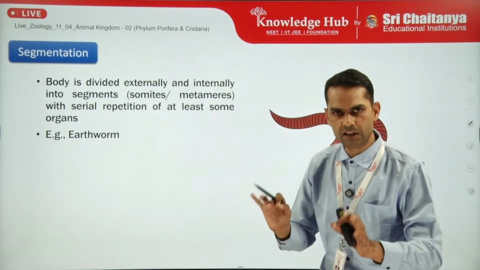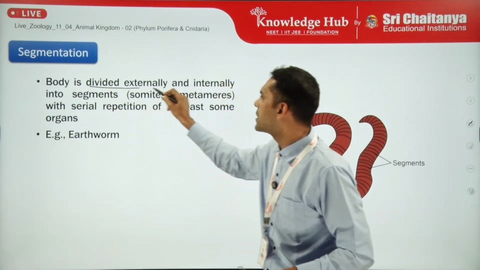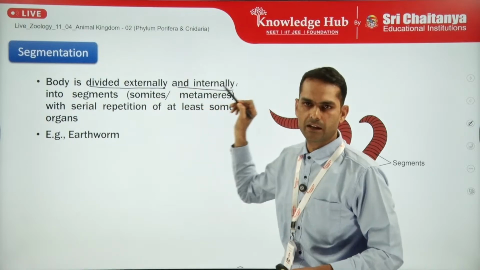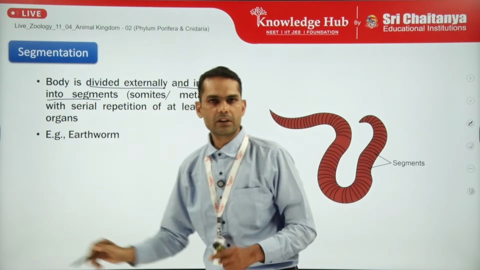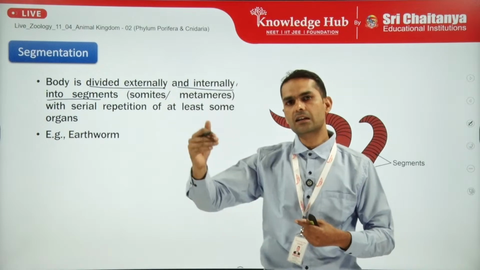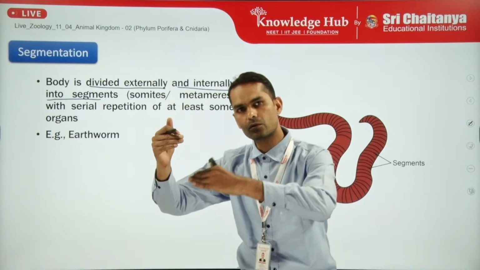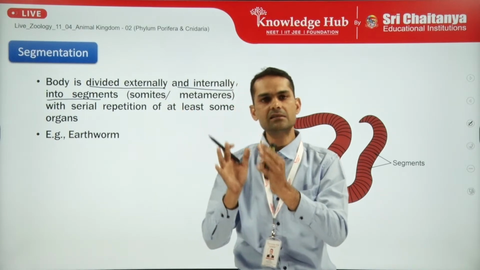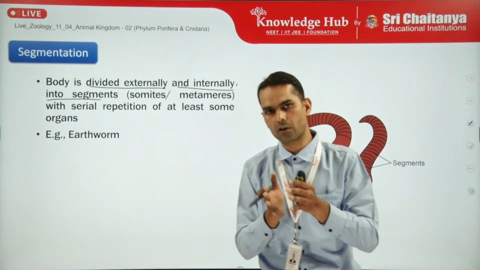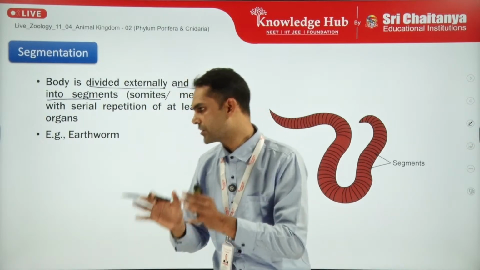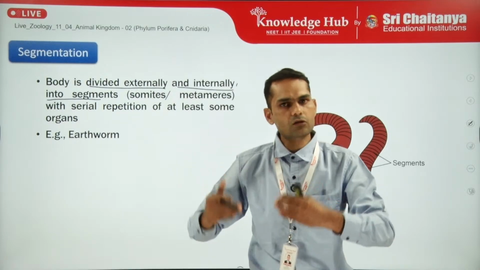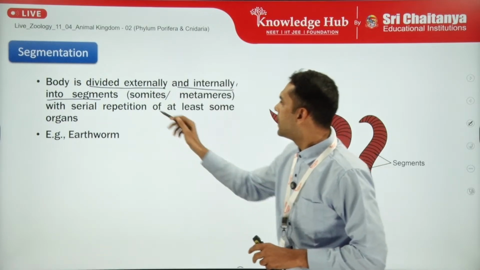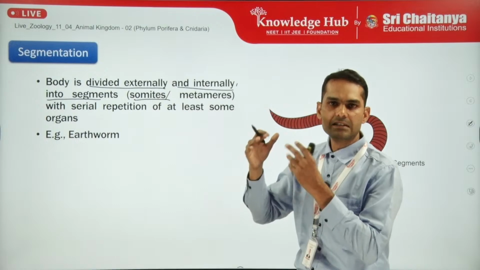The proper definition is body is divided externally and internally into segments. So in the first sentence, the external segmentation is corresponding to the internal segmentation. That means external segmentation is following the internal segmentation. So the body cavity will also be divided internally and will form different segments.